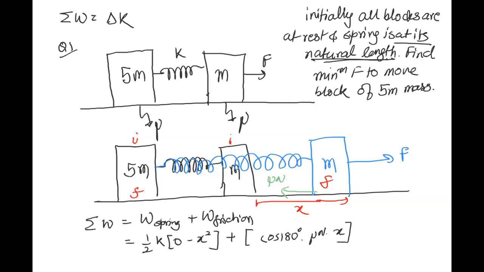Now why can I go back to the class 10th definition? Well, I can go back to the class 10th definition because the magnitude of friction always remains constant, the angle between the displacement and the direction of friction always remains constant, and the object is moving in a straight line.